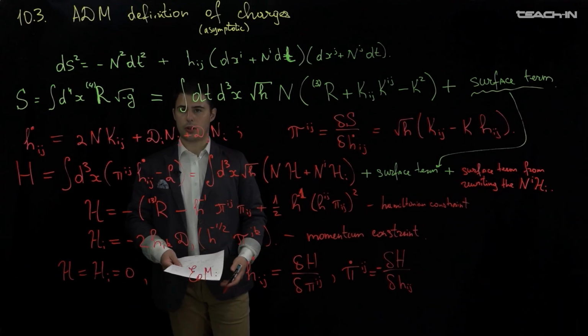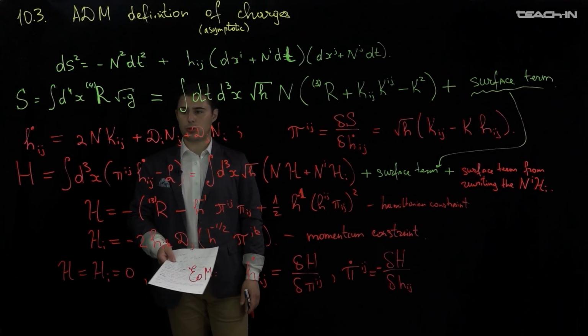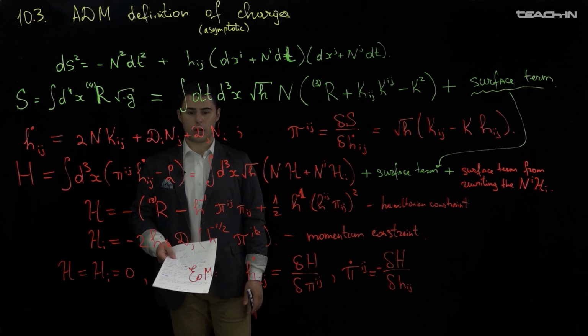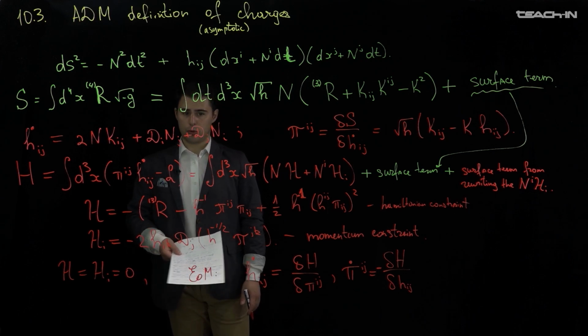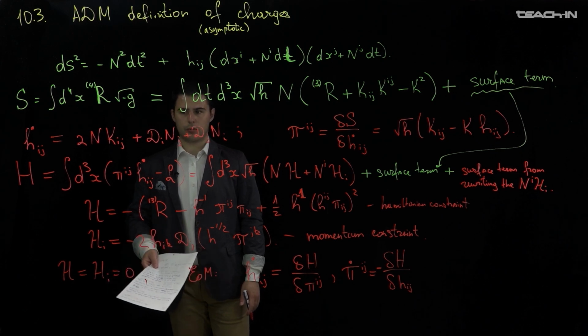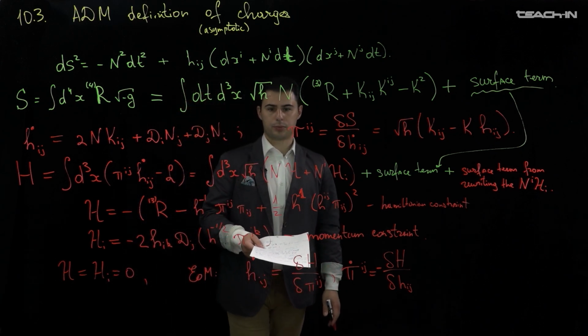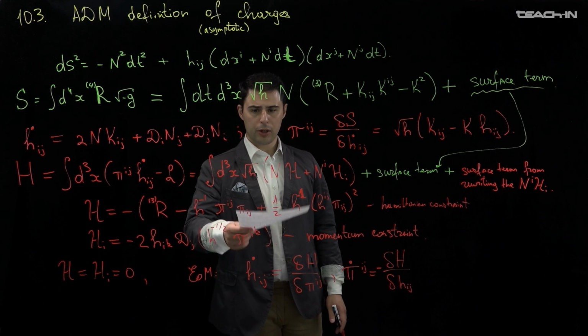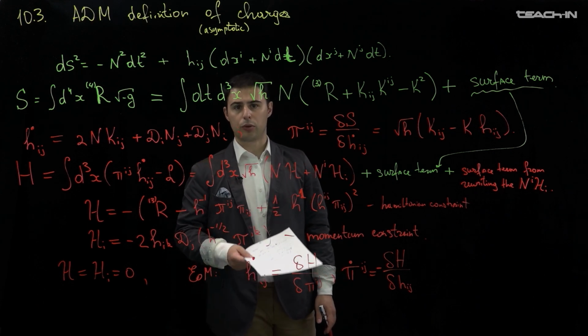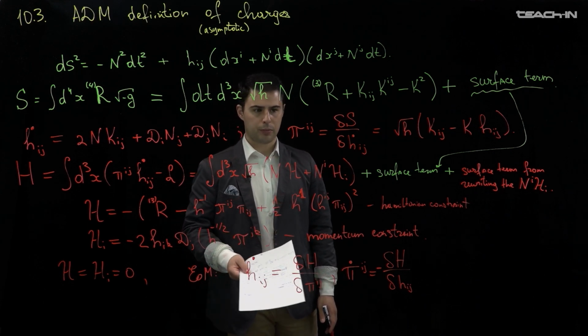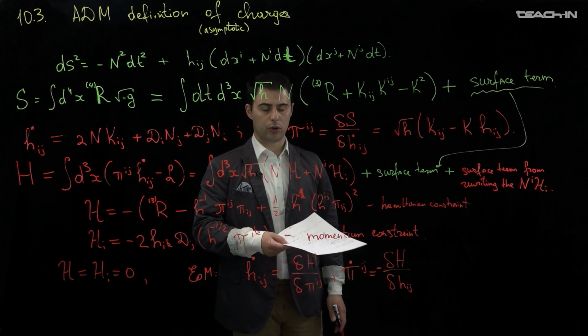We want to calculate the energy of the solution, and we naturally associate it with the Hamiltonian. So notice that on shell, on the solution, the main term of the Hamiltonian, which gives rise to the equations of motion, vanishes. And the energy is given by the surface terms.